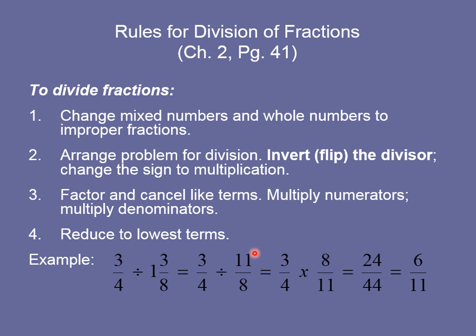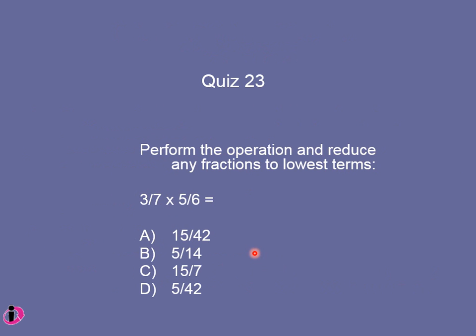Let's look at a couple of examples. It's a multiplication, which is easy, so we just do 3 times 5, which is 15, and 6 times 7, which is 42. So the answer is 15 over 42, but we always want to double check whether that can be written in a lower term. Is it possible? It's 15 over 42. I think this is possible, right? You can write it as B, 5 over 14.